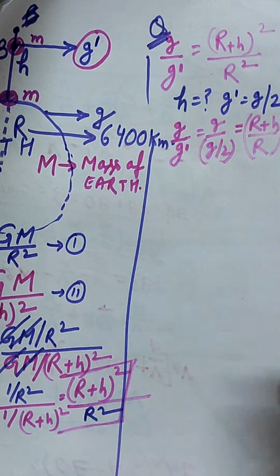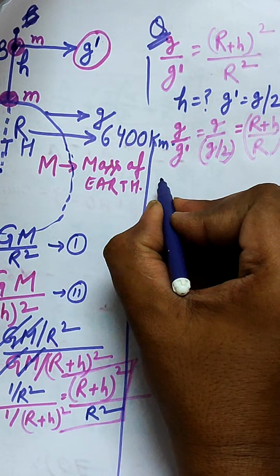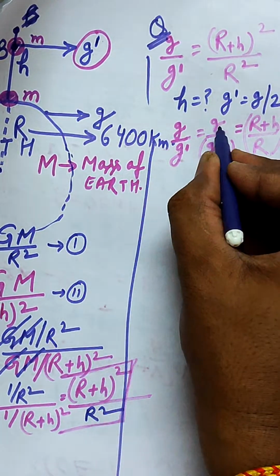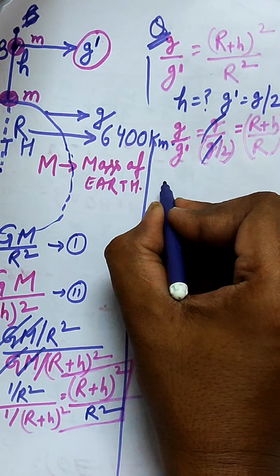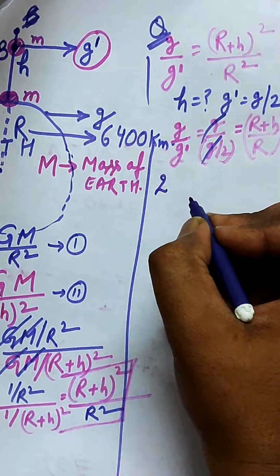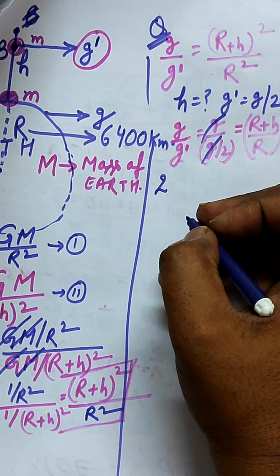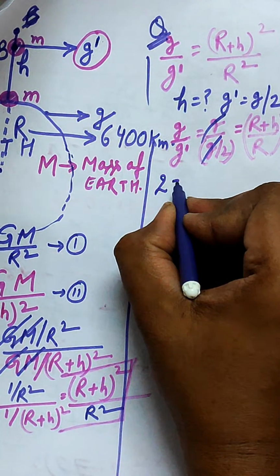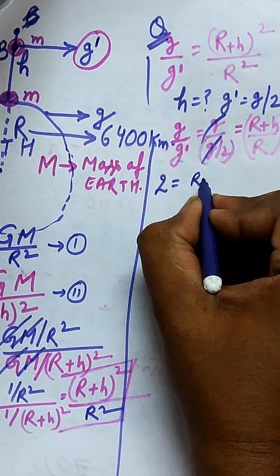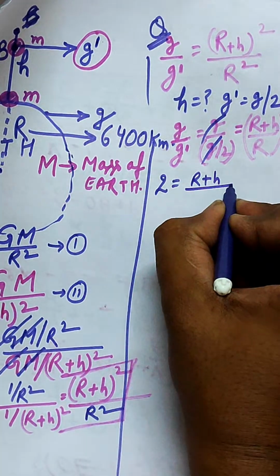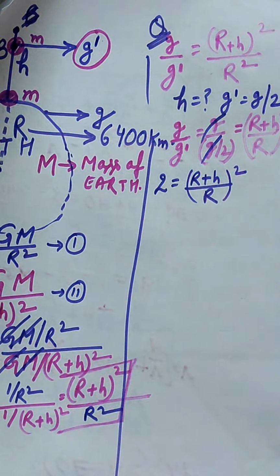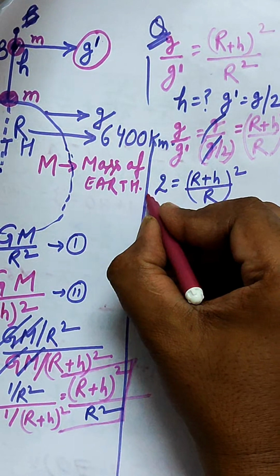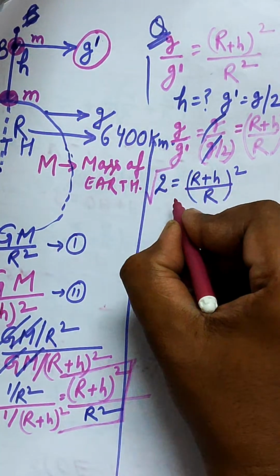Now this will be giving you, here you can see g and g will be cancelled out, and on the LHS we have only 2, right? And this is equal to (R plus h by R) whole square. So students, why don't you take root on both the sides?